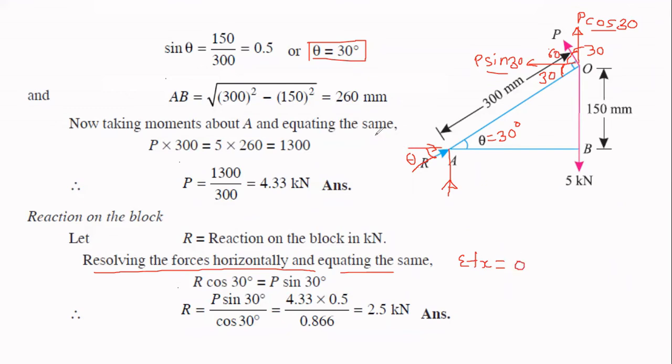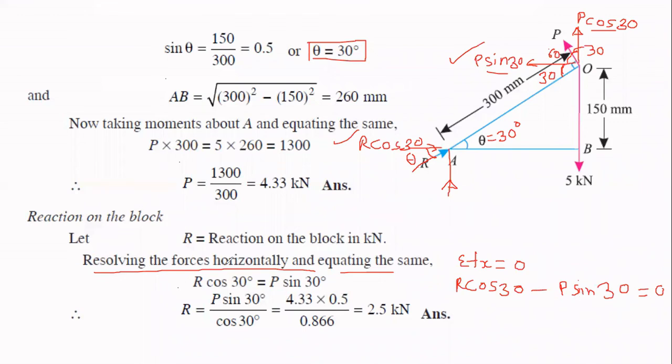Now here this angle is 30, this component is R cos 30 and it is going in the right side direction, that's why it is taken as positive. Therefore R cos 30 positive minus P sin 30 is equal to 0. This force is going in the right side direction, that's why positive. This force is going in the left side direction, that's why negative.